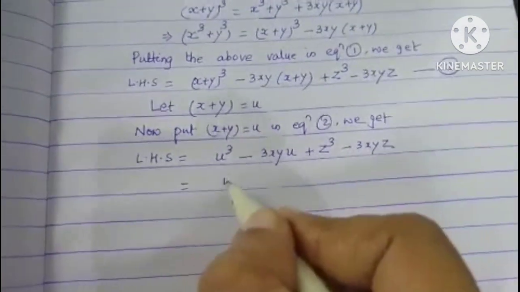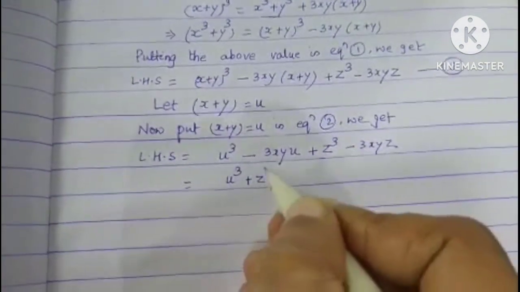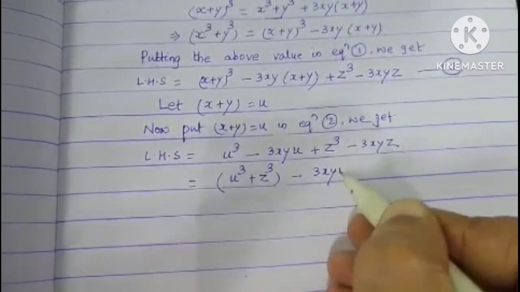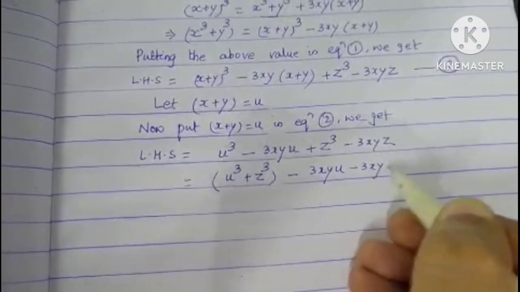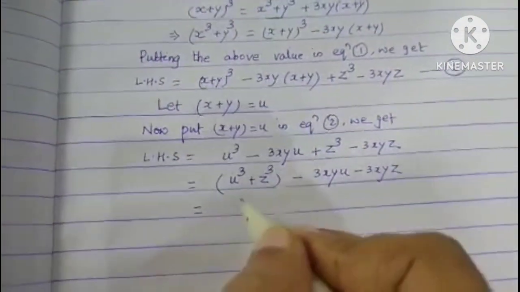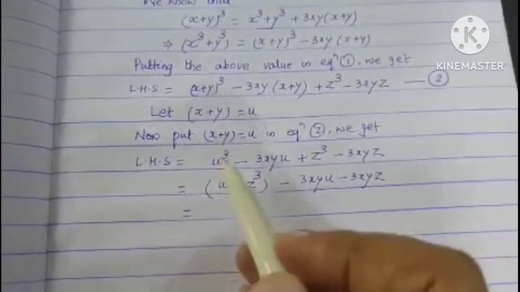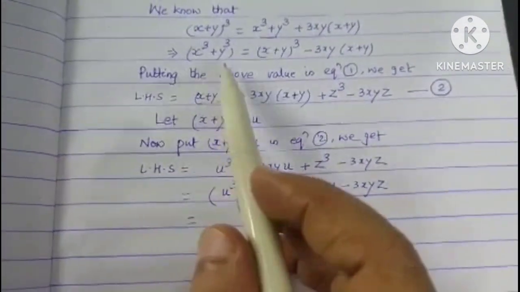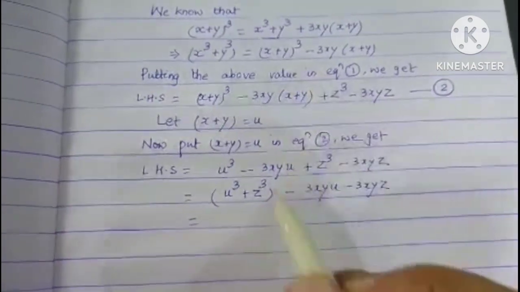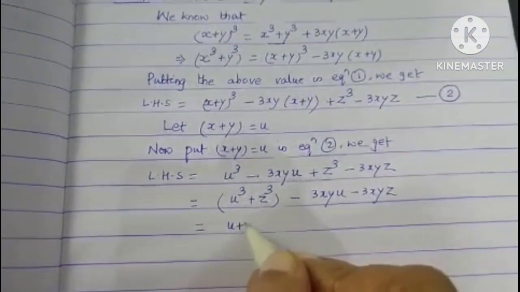This u cube plus z cube we will keep together, and minus 3xyu minus 3xyz. Now u cube plus z cube we have seen, we can write it like this.